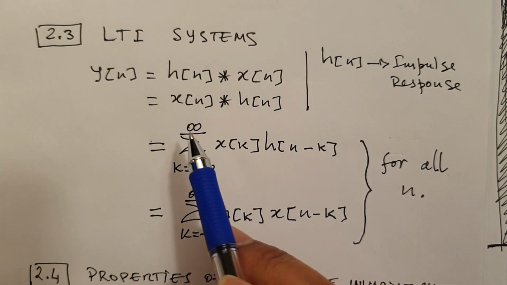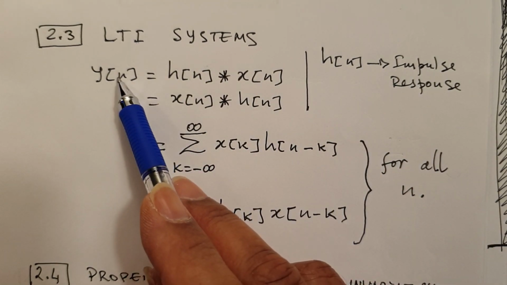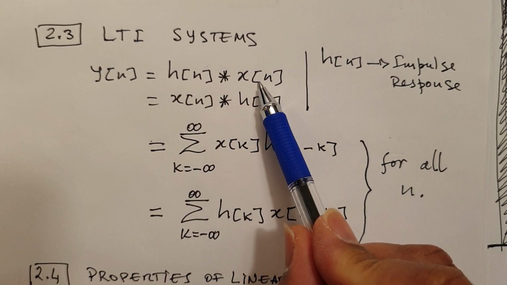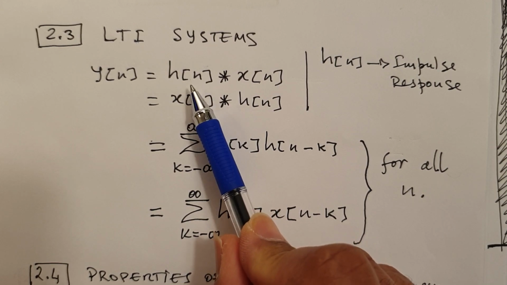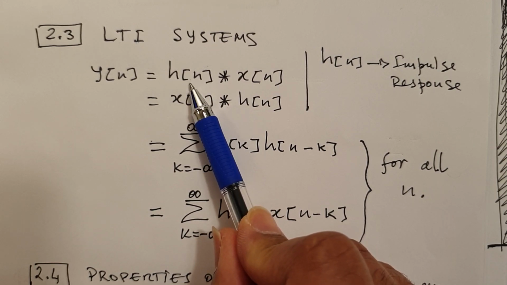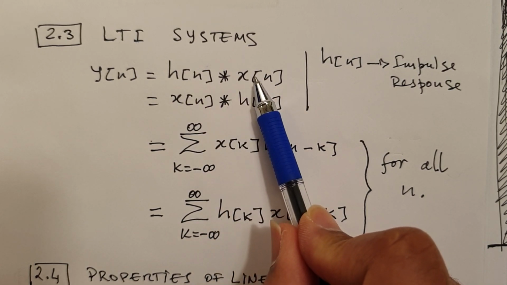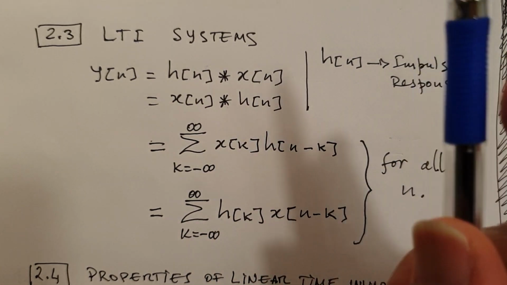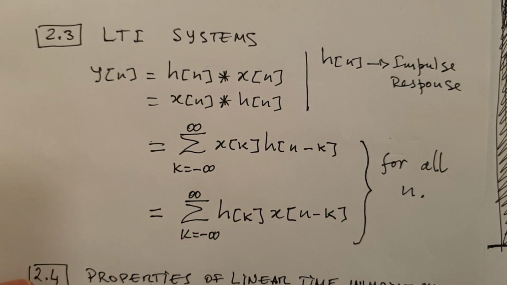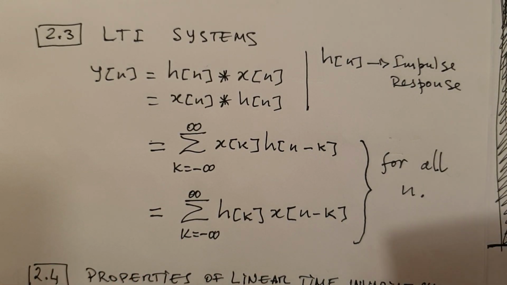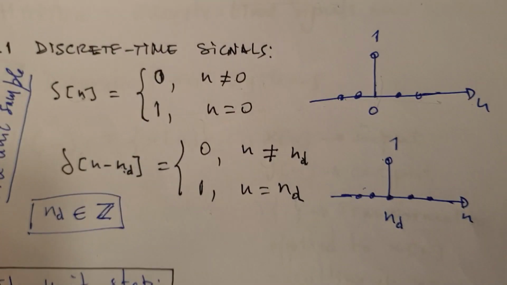So now we have 2 entities here: the output, the input, and the impulse response. The impulse response, just take it literally, is the output that the system will provide you if the input signal is just one impulse. Remember, if you go back a little bit, you will see it when we talk about systems.